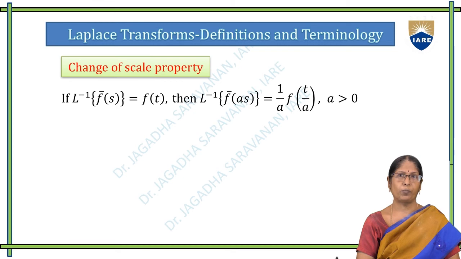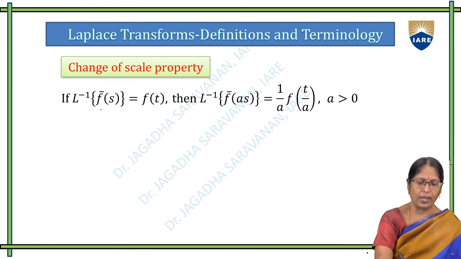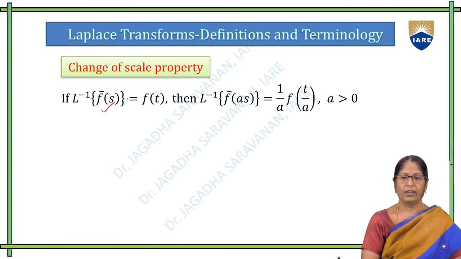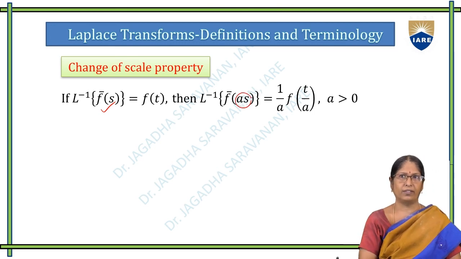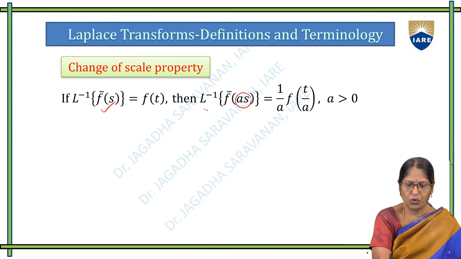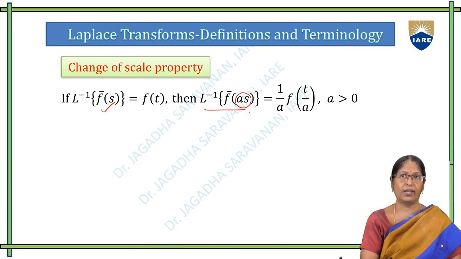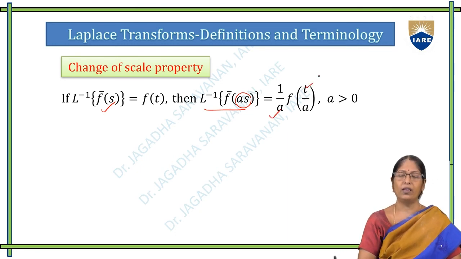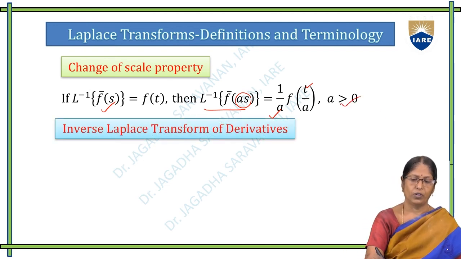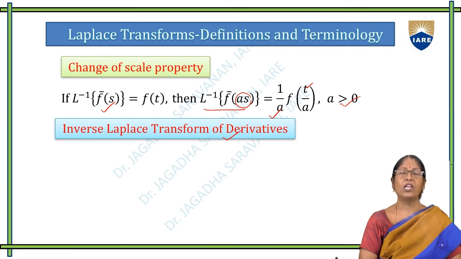The change of scale property: F bar of s is there. If instead of s, it is as, in such a format, then the answer is 1 by a, with t replaced by t by a, where a is positive. The next one is the inverse Laplace transform of derivatives.